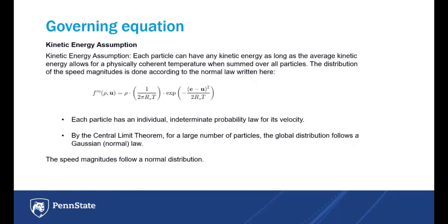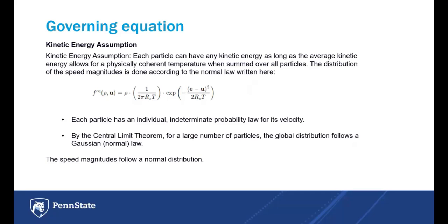So to deal with the problem of speed and magnitude distribution, we assume that a particle can have any kinetic energy as long as the mean kinetic energy of the set of particles allows us to reconstruct a physically coherent macroscopic temperature when summing over all the particles.